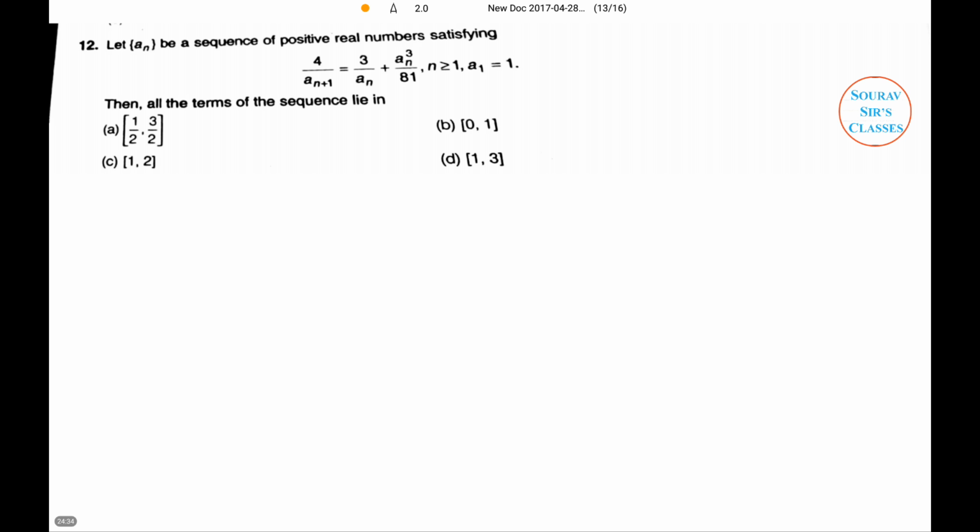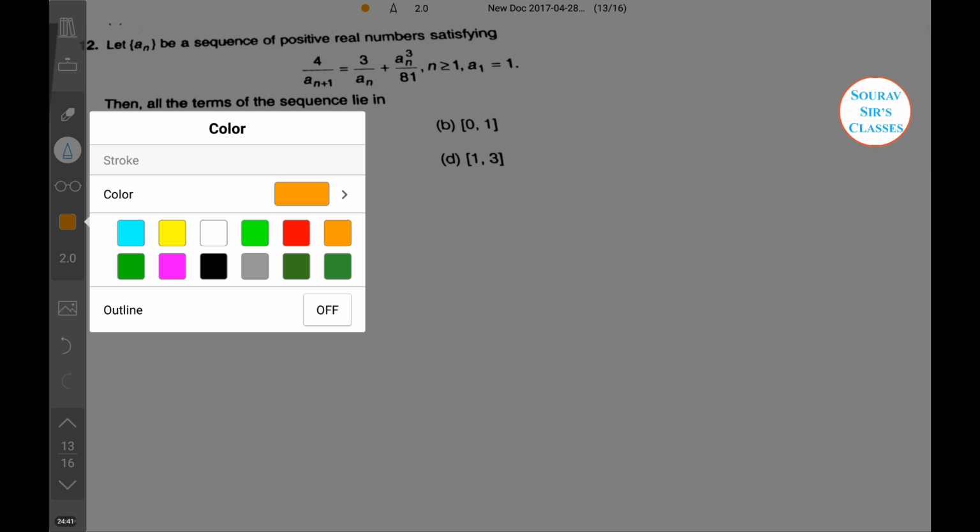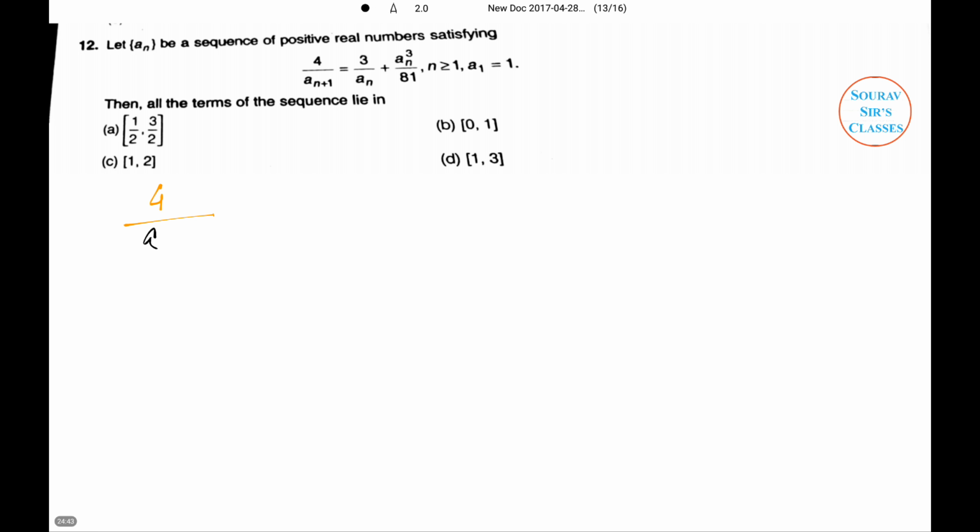This is the question they have asked. So 4 by an plus 1. If we just do it like this, this is given 3 of an cube by 81.